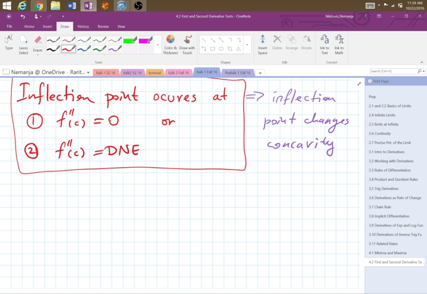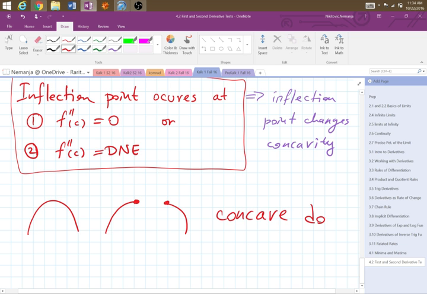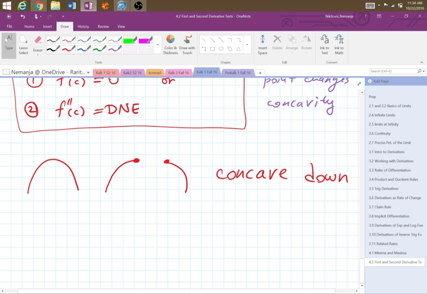What else was there? Oh yes, what is concavity? So a piece like this, or these pieces separated, are all called concave down. So that's how curvature looks. Pay attention to curvature in this case.